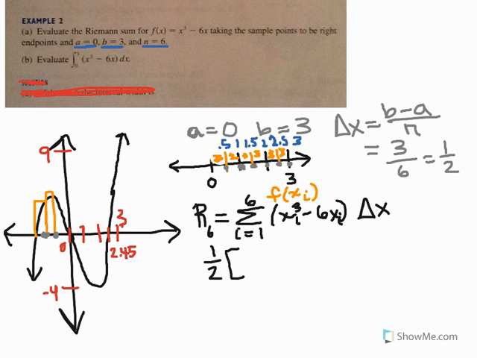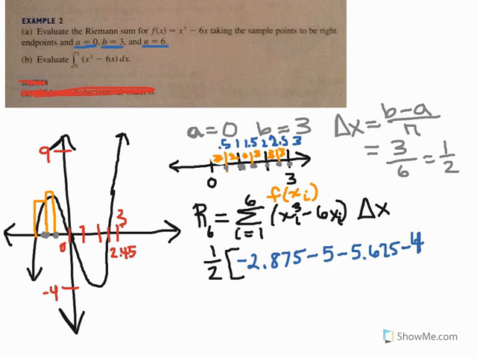So f of 0.5 plus f of 1 plus f of 1.5 plus f of 2 plus f of 2.5 plus f of 3, all times delta x, equals the value of that sum. Okay? f of 0.5 is negative 2.875. f of 1 is negative 5. f of 1.5 is about negative 5.625. f of 2 is negative 4, actually.